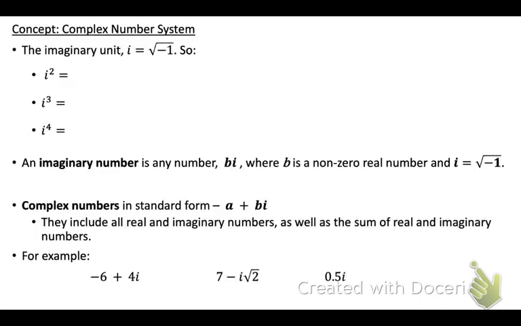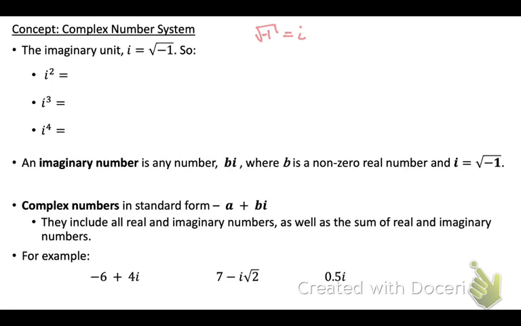Okay, so we have to be able to evaluate it. We already know that the square root of negative 1 equals i. So write that on the top. We're going to write these underneath it. So now i squared.